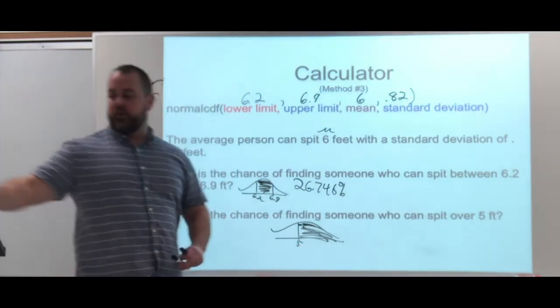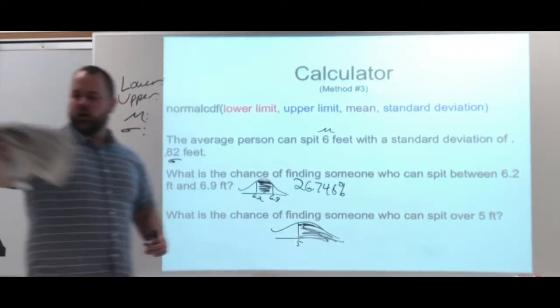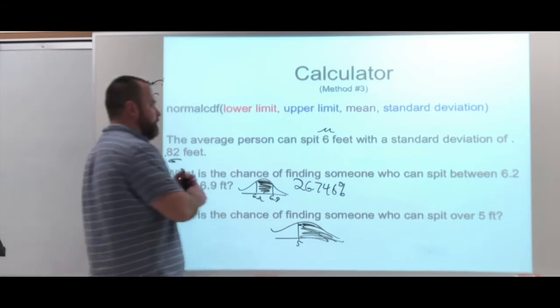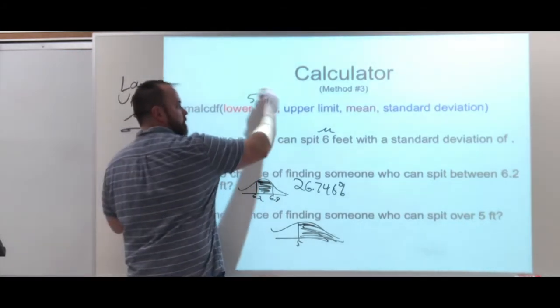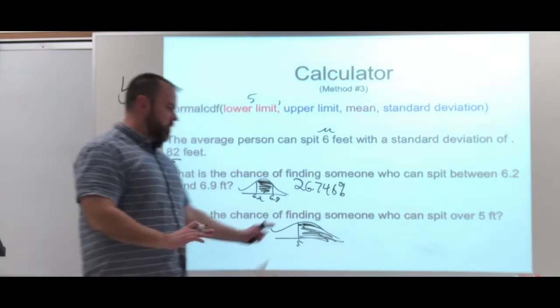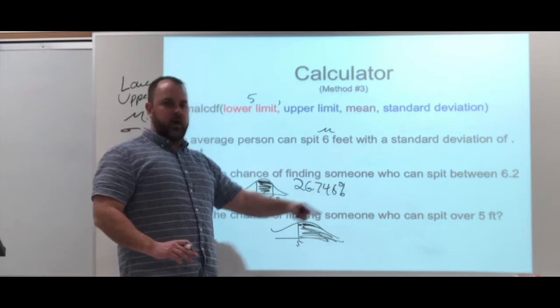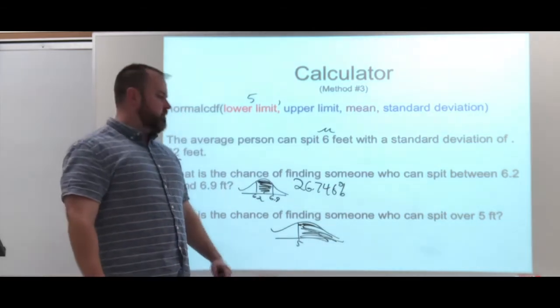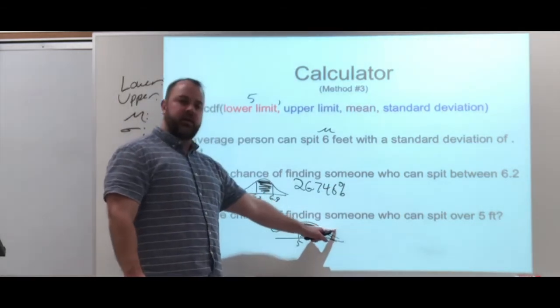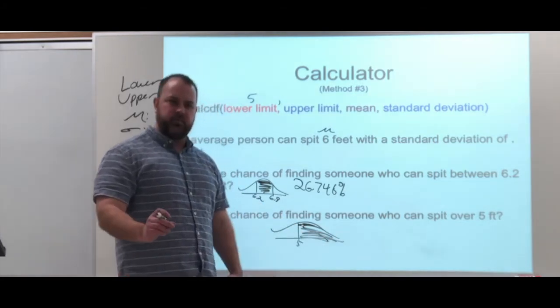Now, the way I'm going to deal with that, my lower boundary I know is 5. For my upper boundary, I'm just going to put some obnoxiously big number, a number that's way off my chart. I know it's far off there, so just some huge number so I know it's not going to affect it. If you pick a number that's too close, it may cut off a little bit of the tail end and affect your probability.